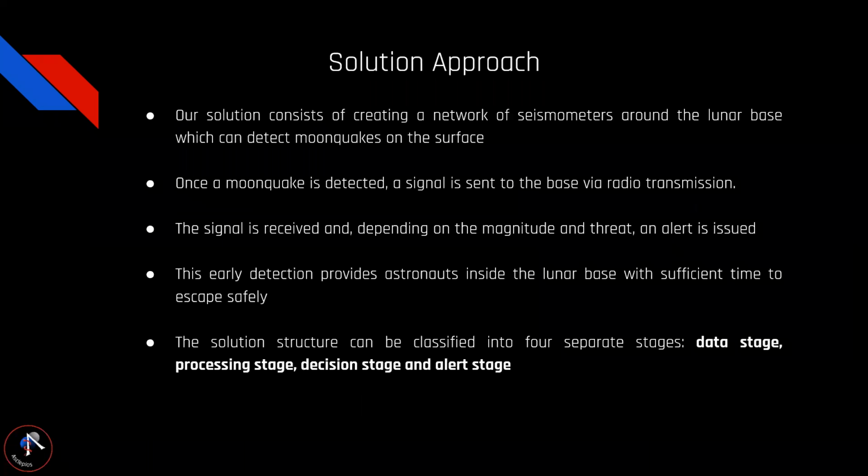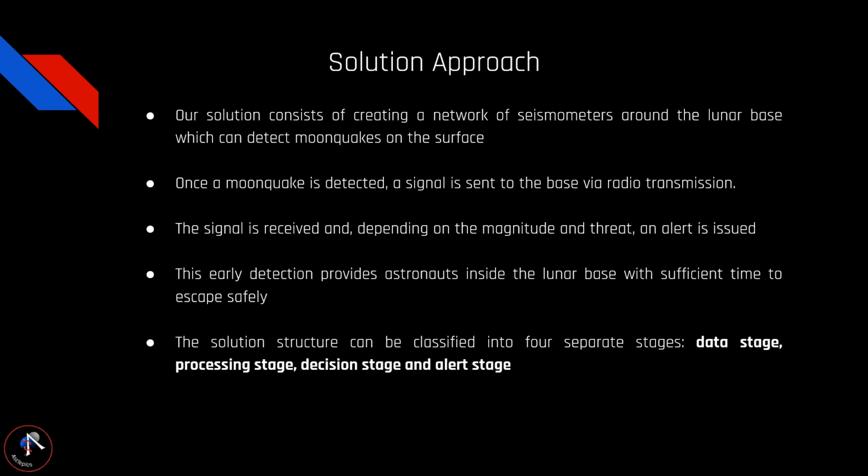Our solution approach is to create a moonquake early warning detection system on the Moon using a network of low cost seismometers. Once a moonquake is detected, a signal is sent to the main base via radio transmission. Once the signal is received, the computation period starts and the signal is processed.